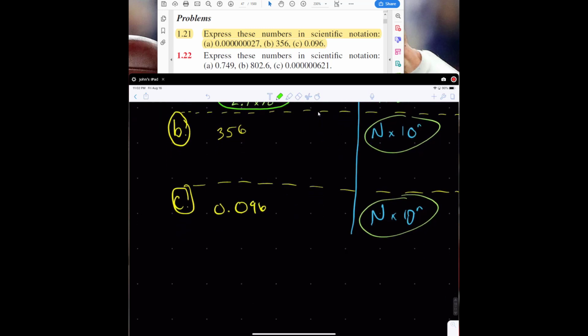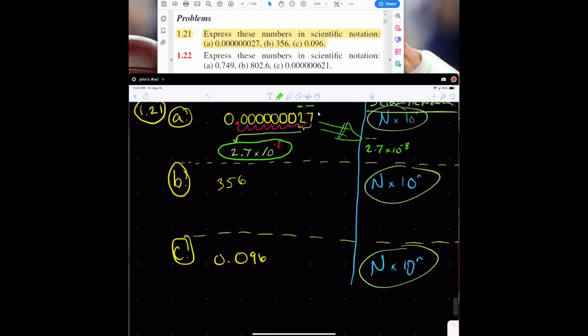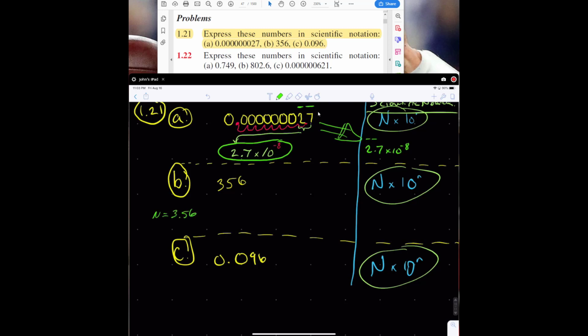Okay? So then this next number, 3.56. If we were going to make this a number between 1 and 10, our only option would be 3.56, right? And if we wanted, it's not if we want, we have to. We have to make 3.56 resemble 356. And how can we do that? Well, we would have to make the decimal point move to the right 1, 2 spaces.